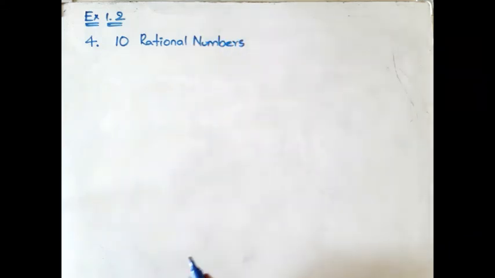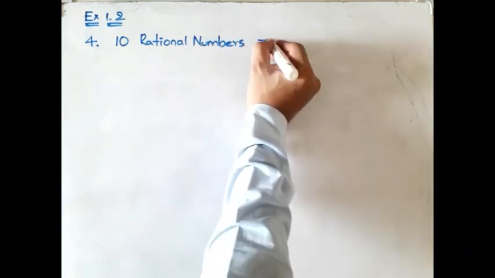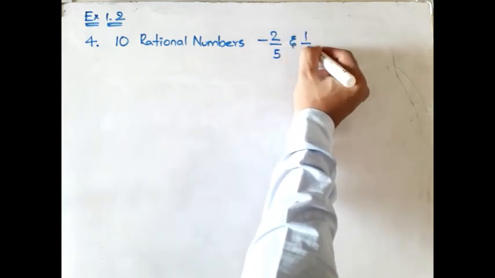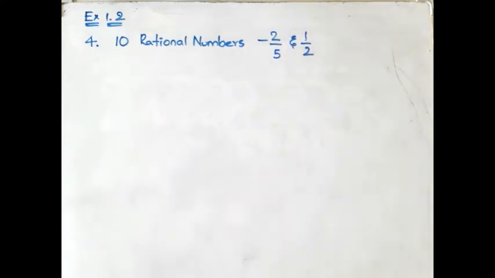Find 10 rational numbers between minus 2 by 5 and 1 by 2. Find 10 rational numbers between minus 2 by 5 and 1 by 2.